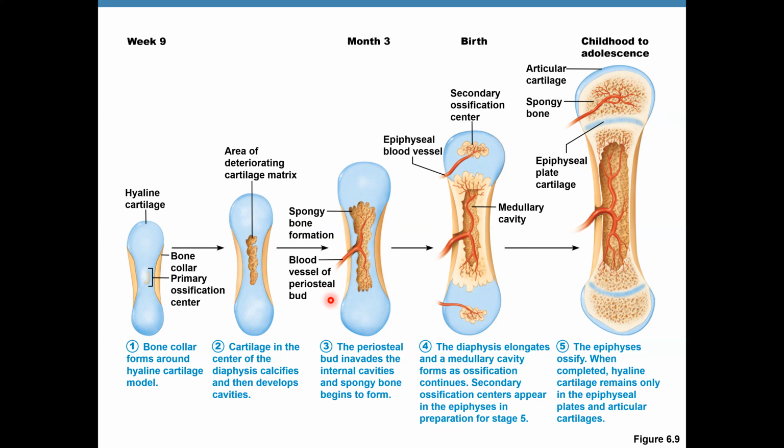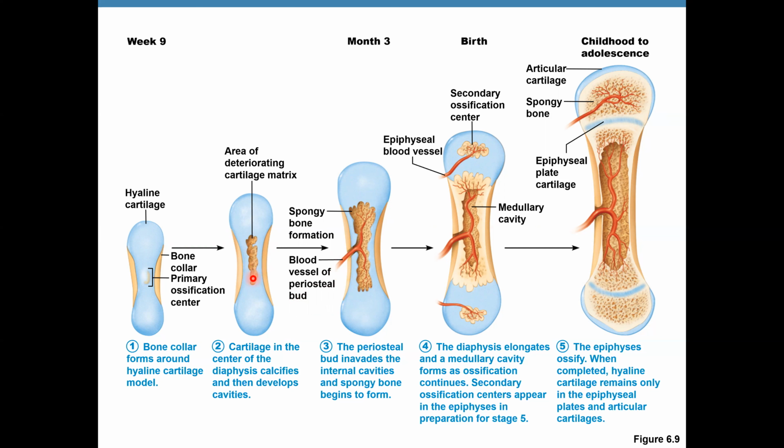Now, a special structure grows inside this cavity, and it's called the periosteal bud. It has blood vessels, and it has osteoblasts. So now cartilage is dying, and we have blood coming in finally, because you see there is no blood supply over here.